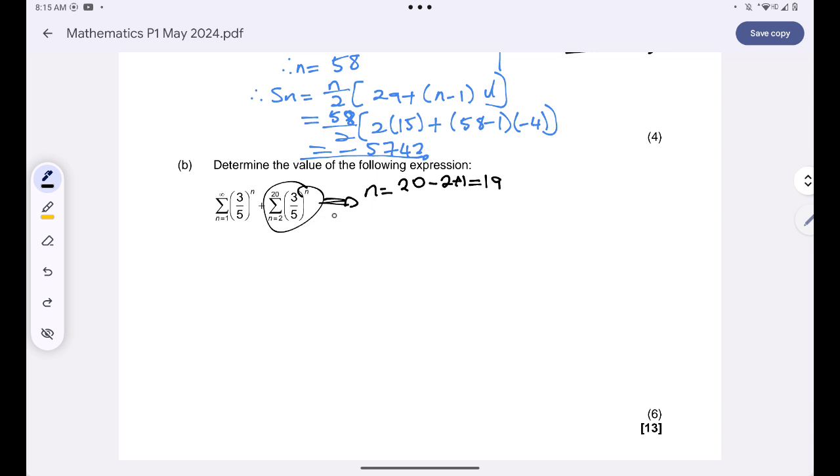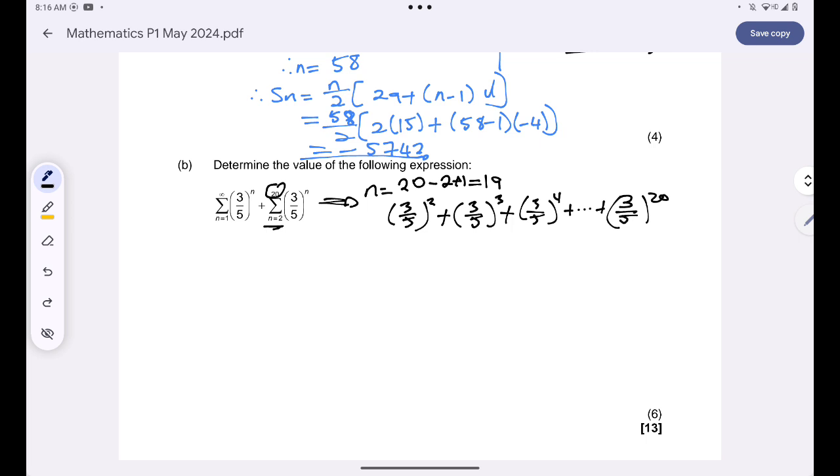So I just want to find the sum of the first 19 terms, right? And remember that the starting point is 2. So whenever I generate my sequence, I'll have (3 over 5) squared plus (3 over 5) to the power 3 plus (3 over 5) to the power 4. This will go until I substitute 20, (3 over 5) raised to the power 20.